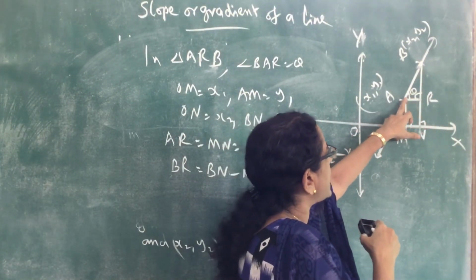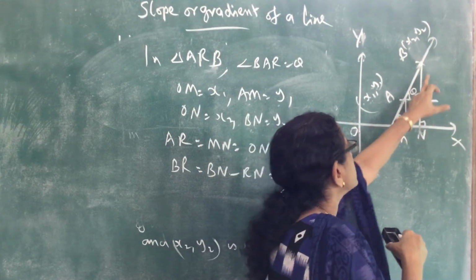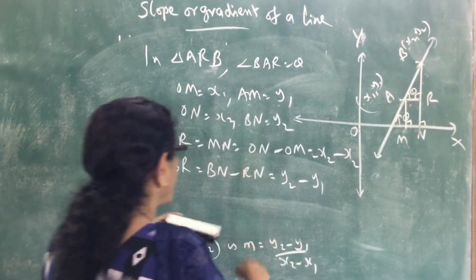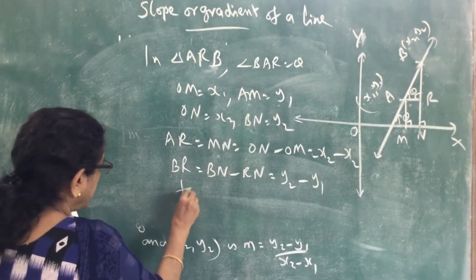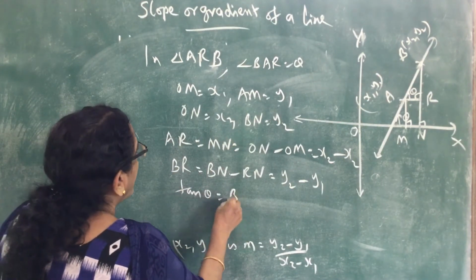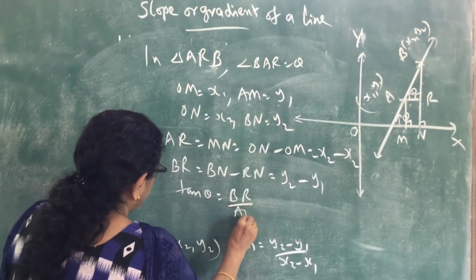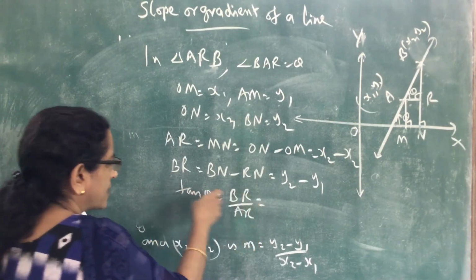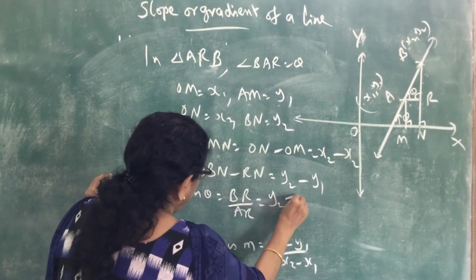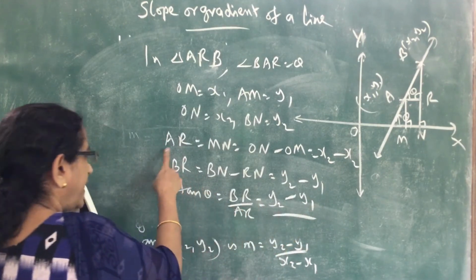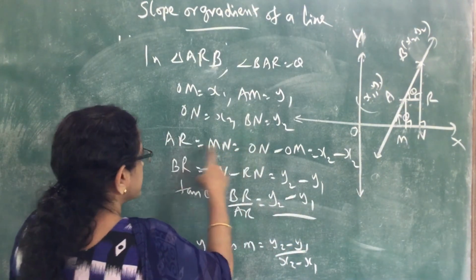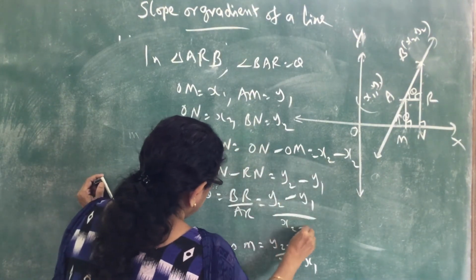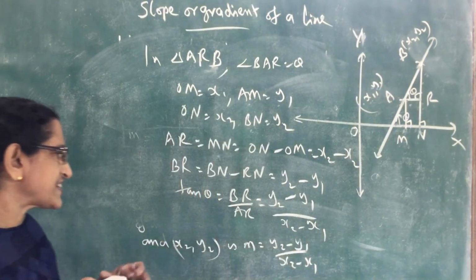Tan theta is opposite side by adjacent side, so tan theta equals BR divided by AR. BR is y2 minus y1, and AR is x2 minus x1. So that is the slope of the line.